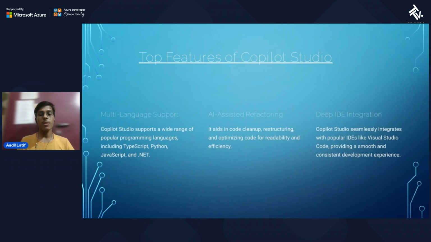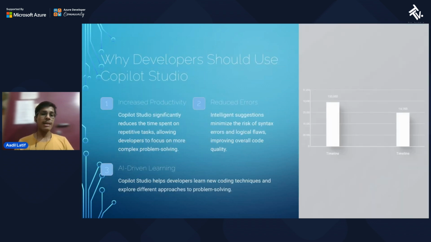Okay, so the next thing is why developers should use Copilot Studio. What are the benefits, or why do we have to use Copilot Studio? Why not ChatGPT, or why not Microsoft Copilot?